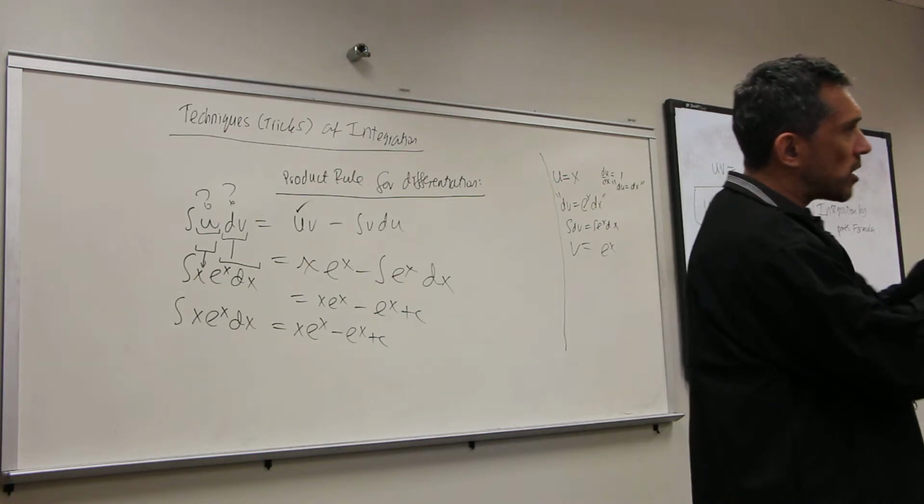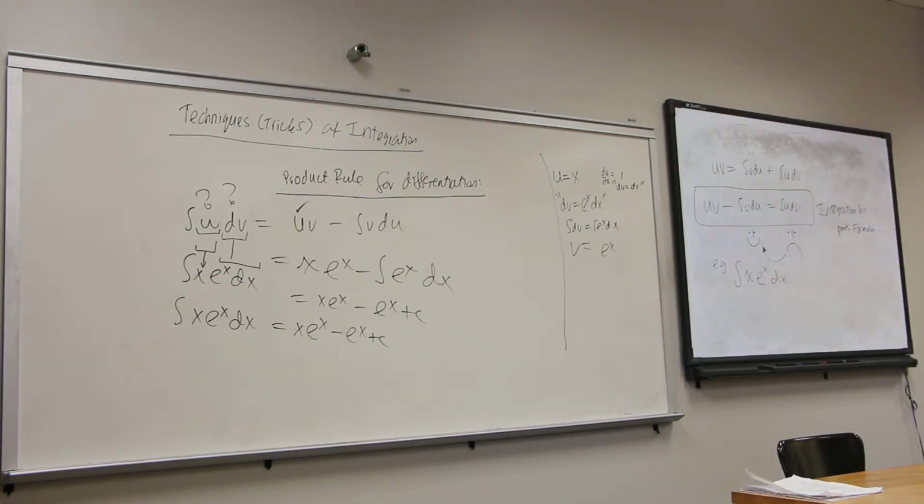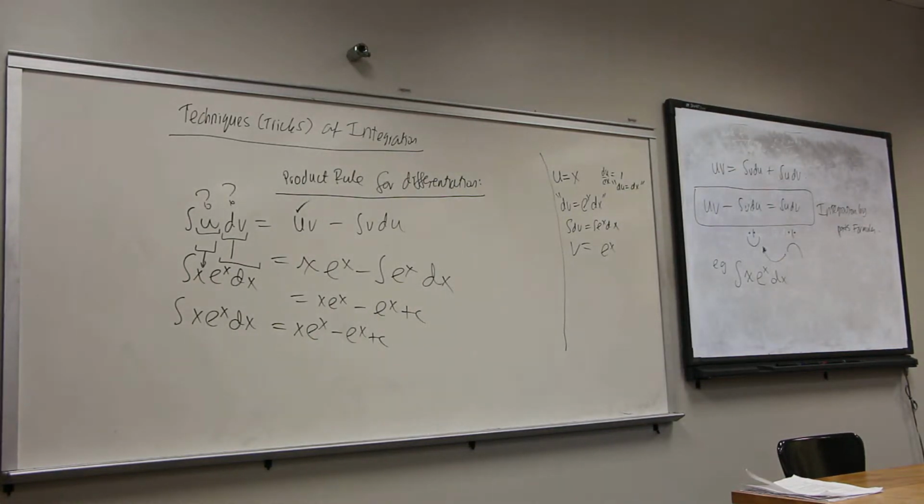So the thing that you want to differentiate is U, and the thing that you want to integrate is dV. The thing that you want to differentiate is hopefully going to decrease your complexity. That is the first rule of thumb I will give you.